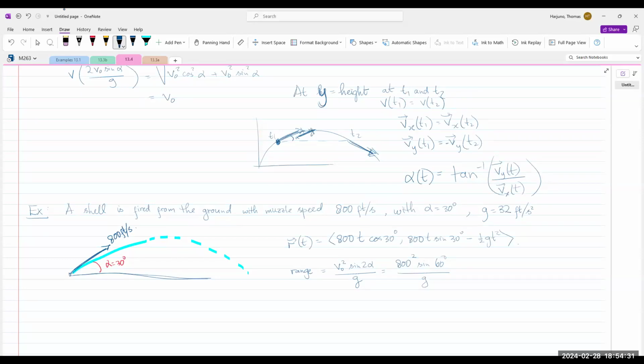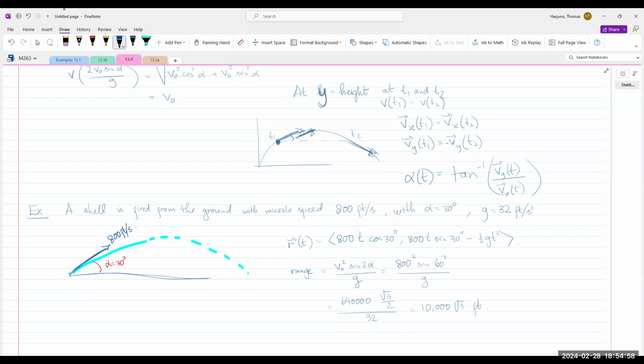So we will end up with 64 with 4 zeros, sine 60 degrees, radical 3 over 2, over 32. So I get 10,000 radical 3 feet. That's the range.